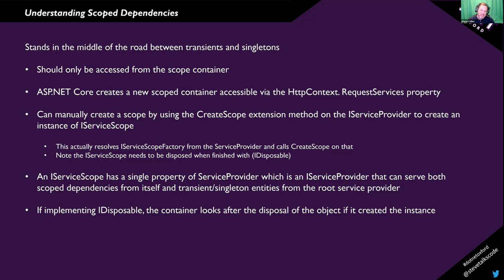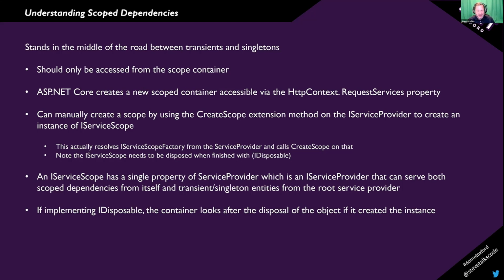This gives you back an IServiceScope with the single property ServiceProvider, which is an instance of IServiceProvider again. Try saying that after a cider. But this time you've created a boundary around those services. So you're serving up that scoped boundary service provider rather than what's known as the root service provider, which holds your transients and your singletons predominantly.